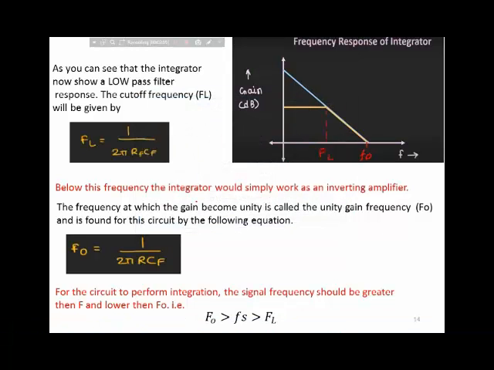So this modified integrator has certain limitation on the frequency range between which it will perform integration. Other than this frequency range, the circuit will not perform integration and will simply work as an inverting amplifier.